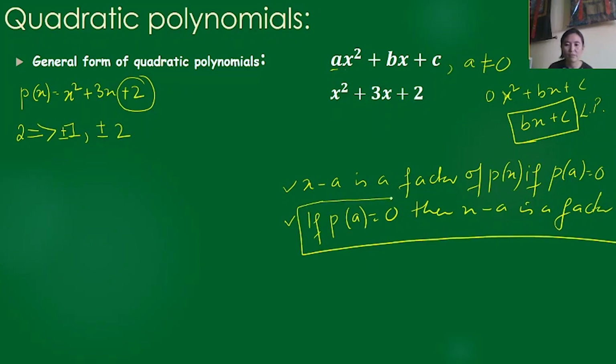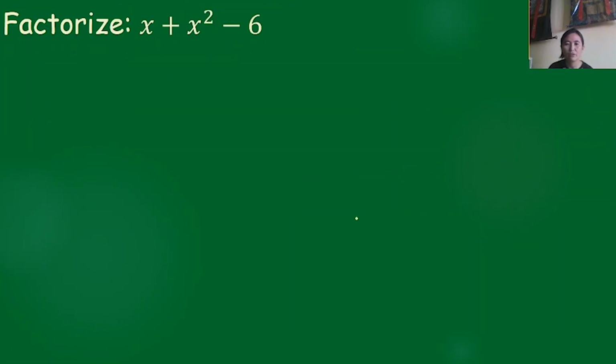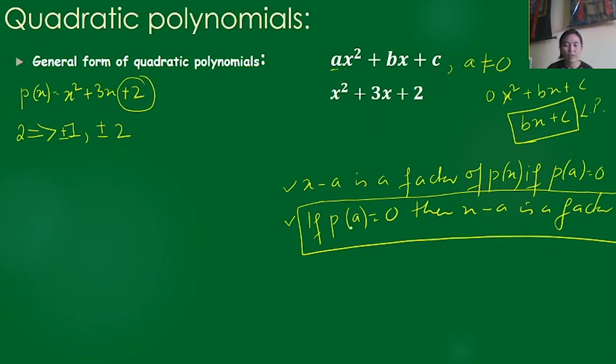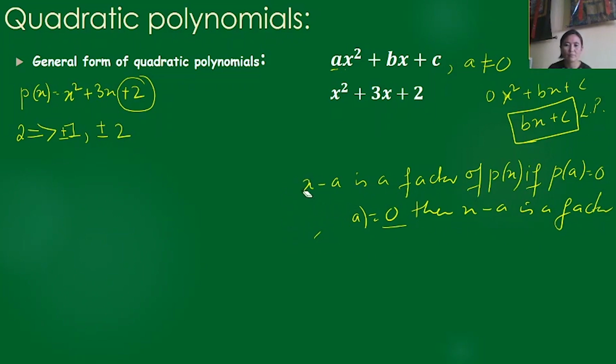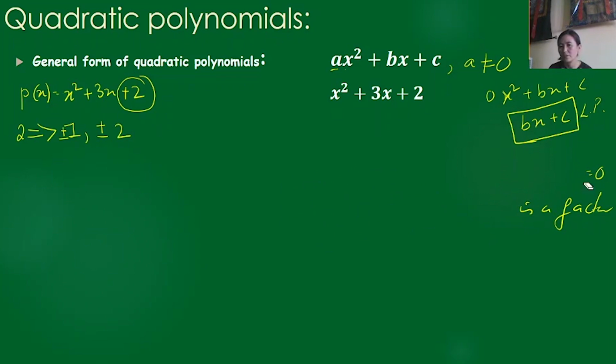We are going to find the value of the given polynomial at different values of x and see whether it gives 0 or not. If the answer is 0, then we can say that x minus a is a factor. Let's try different values of x. I hope you are clear with the factor theorem if you have watched the last video.